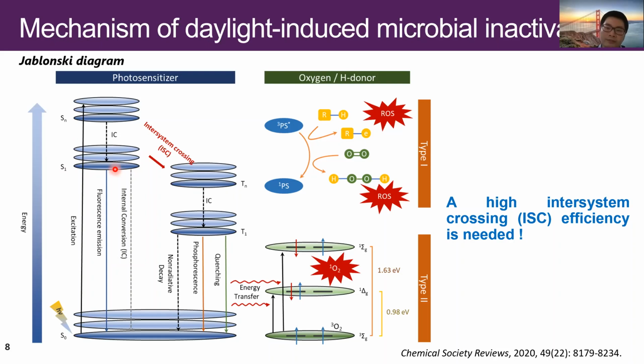Once they reach the lowest excited state, they have 3 pathways. They can transfer their energy via fluorescence emission, and also by internal conversion. And the third pathway is inter-system crossing. If we are looking at the light-induced antimicrobial reaction, only this inter-system crossing is associated with the photoreactions.